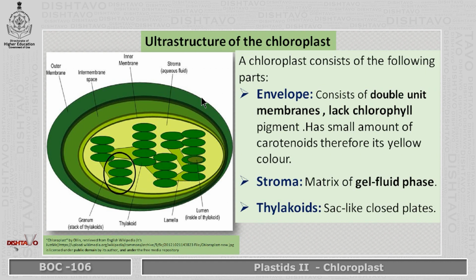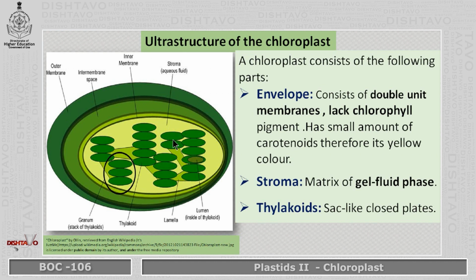Now, if you take the ultrastructure of chloroplast, you see the chloroplast is made of a double membrane: the outer membrane, the inner membrane, and the space between the two membranes. Then we have the fluid inside, which we call the stroma.